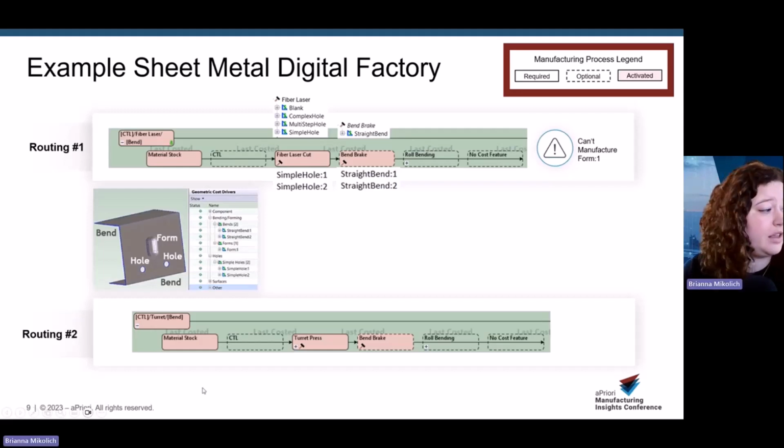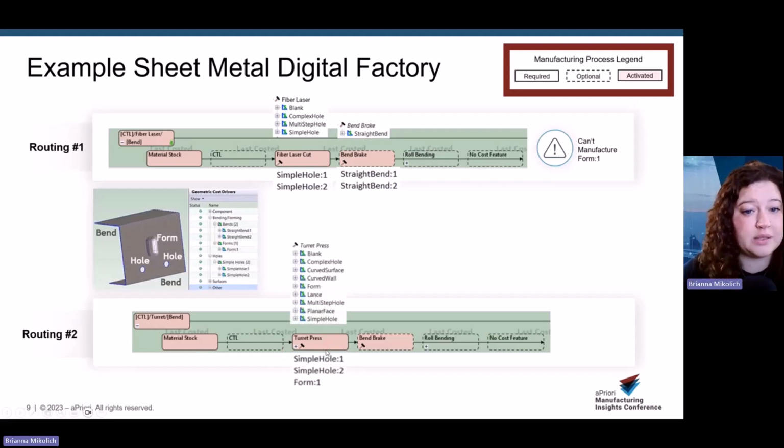Then aPriori evaluates routing number 2. Material stock selection and cut sheet to length occur exactly as before, but then aPriori moves along to the turret press process. For the turret press, we can see there are more kinds of geometry that can be manufactured at this process versus the fiber laser cut. And from this list, the 2 simple holes and the form can be manufactured.